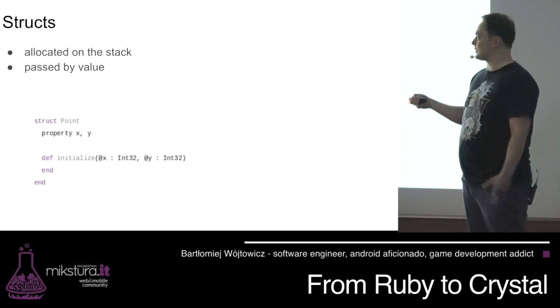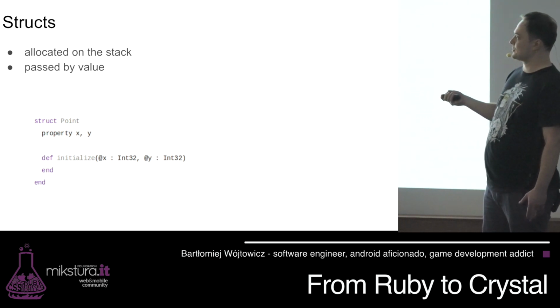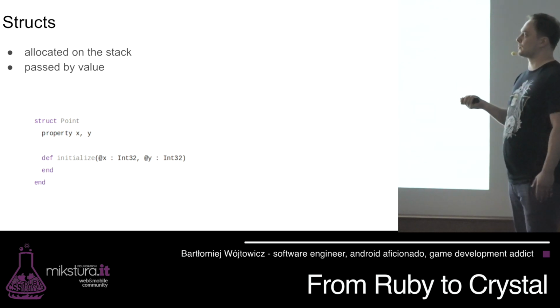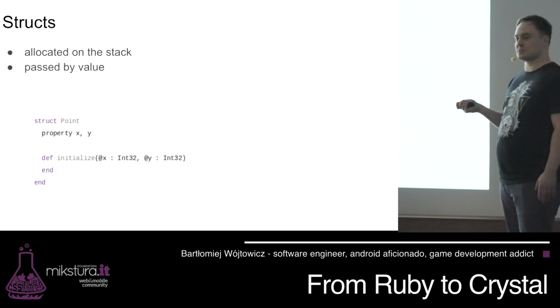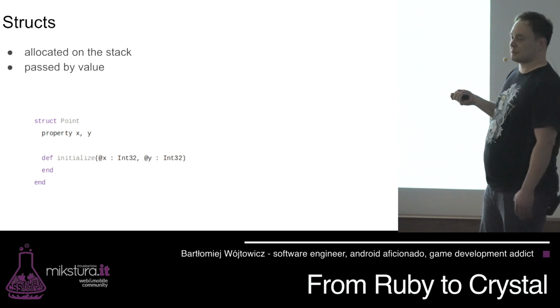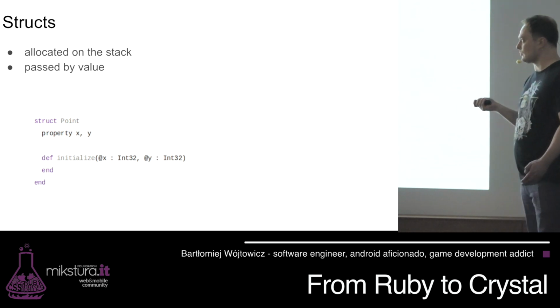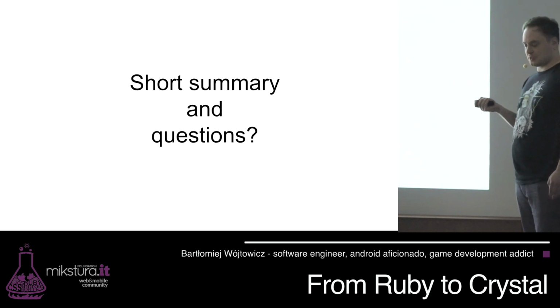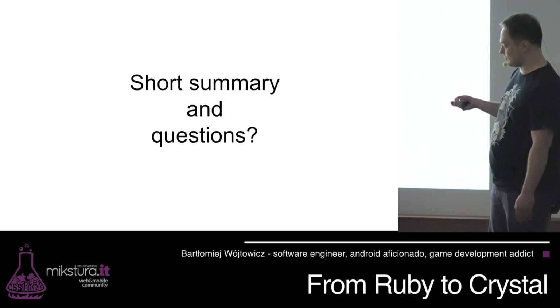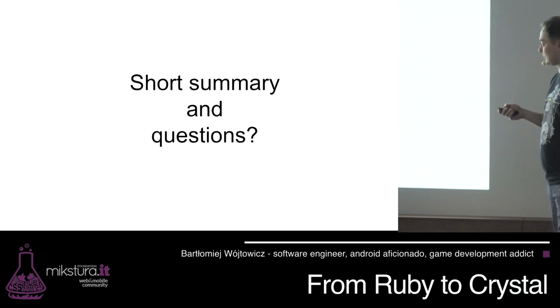So if I have x and y here, it's probably going to take 8 bytes. This is sometimes useful for performance, because you might want to pass by value rather than by reference. And in some cases it might speed up your application.